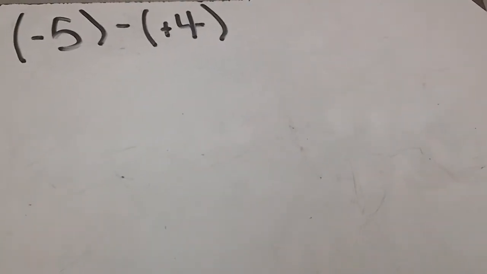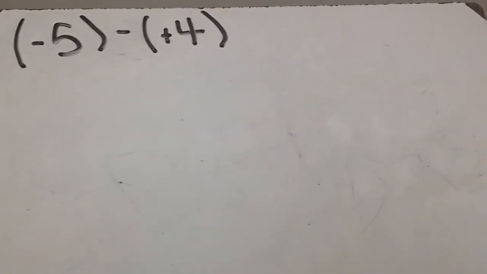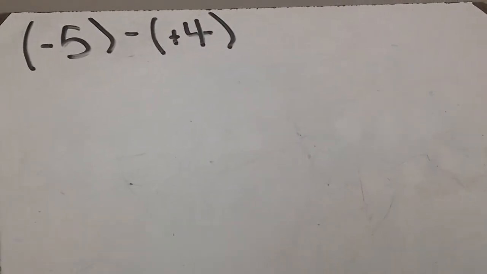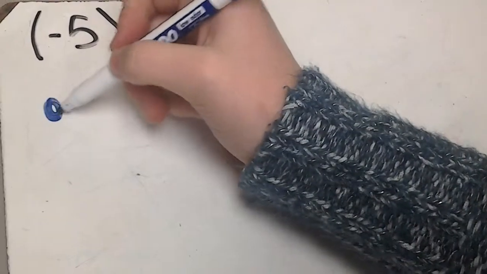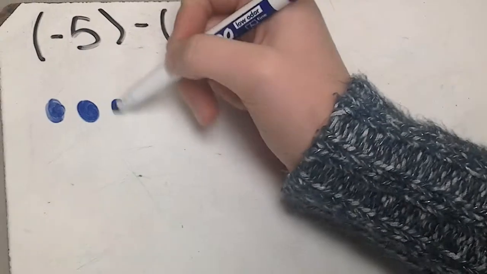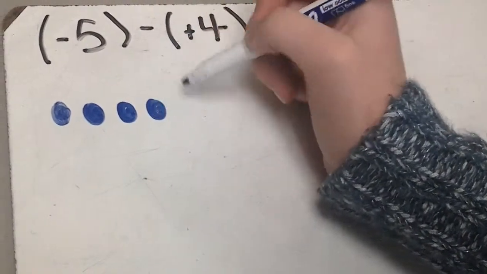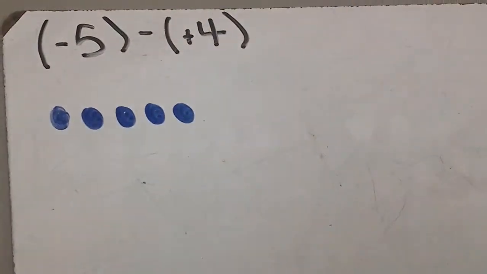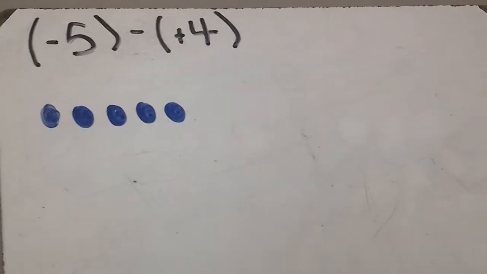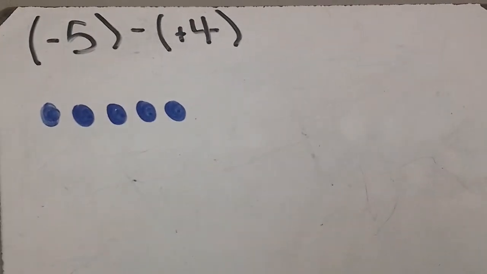Negative 5 subtract positive 4. You will start off by drawing 5 negative counters. And because there are no positive counters to subtract, you have to add 4 zero pairs.